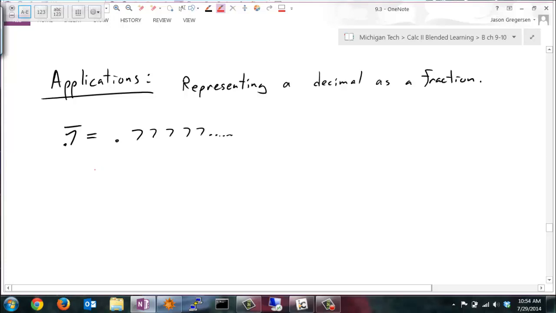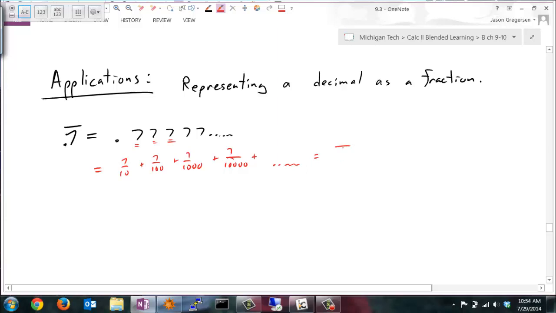Well, what I can do is view this as 7/10. That would give me this placeholder. Plus 7/100. That would give me this place. Plus 7/1000. That gives me this place. So on and so forth. If I add up all those things, I should get this value, if I add up all infinitely many of them.